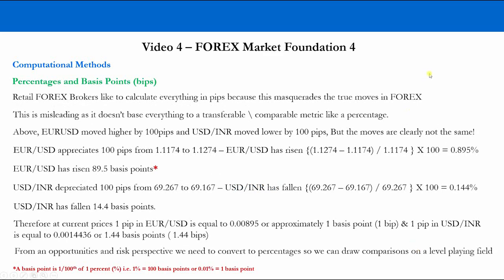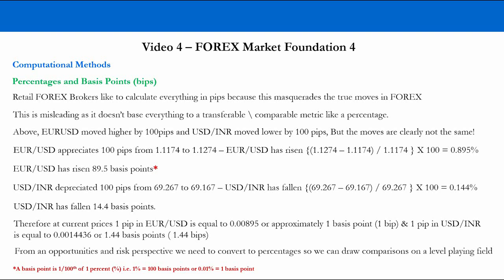But there is a problem with calculating everything in pips, because pips are not a base for drawing comparisons between currency pairs. So you're going to find that retail Forex brokers try to make people calculate everything in pips, because it masks the true moves in Forex when you compare currency pairs.